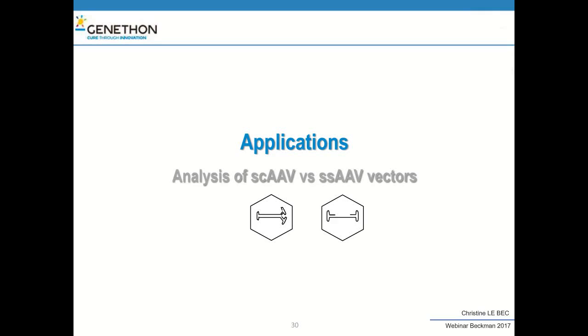Now I will show you some applications of the AUC. We have used this AUC technology to analyze self-complementary AAV vectors versus single-strand AAV vectors. Self-complementary AAV particles have encapsulated a double-strand DNA instead of single-strand DNA.